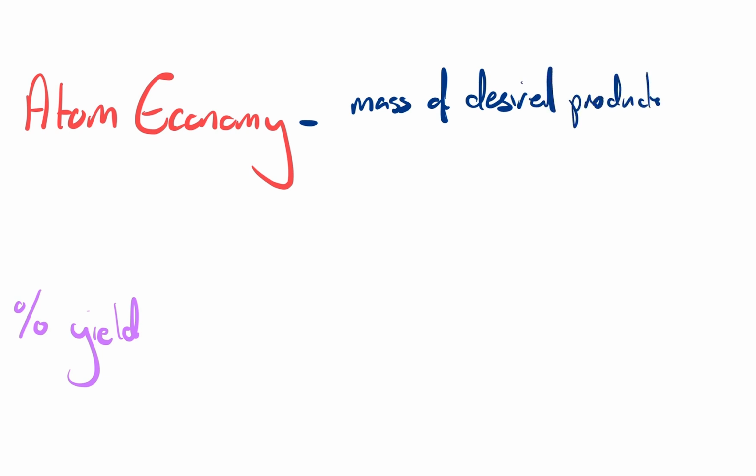Essentially, the easiest way to look at these is to look at the equation. So here we've got mass of desired products divided by our total mass.